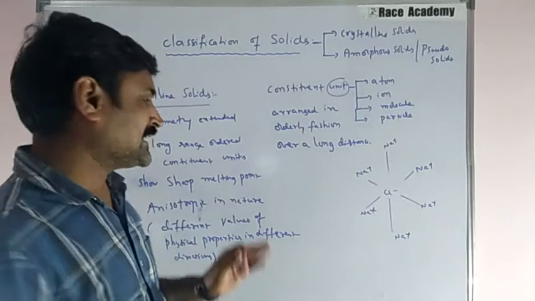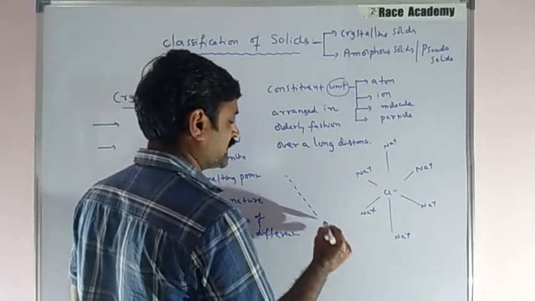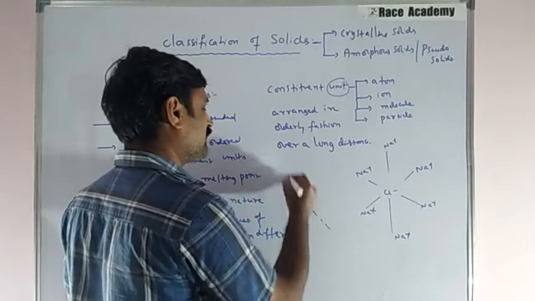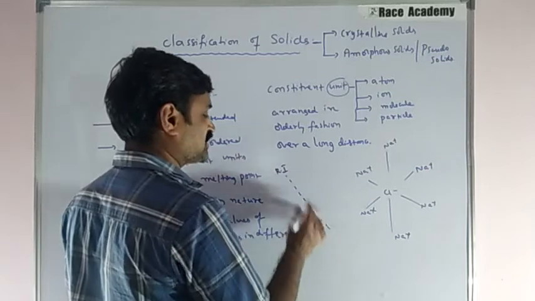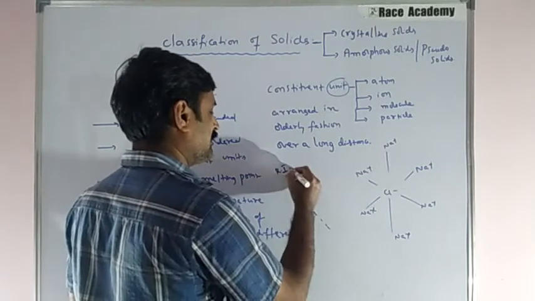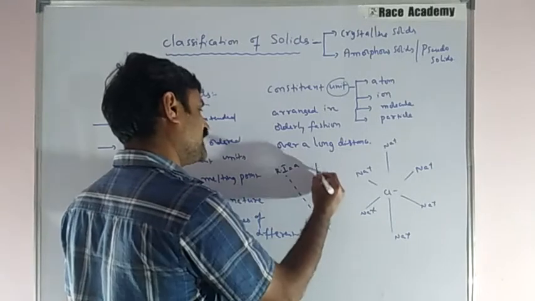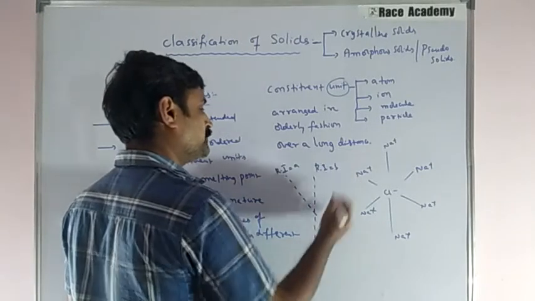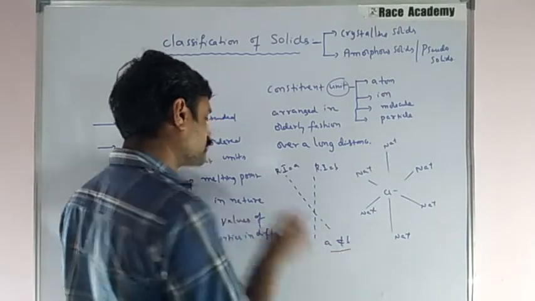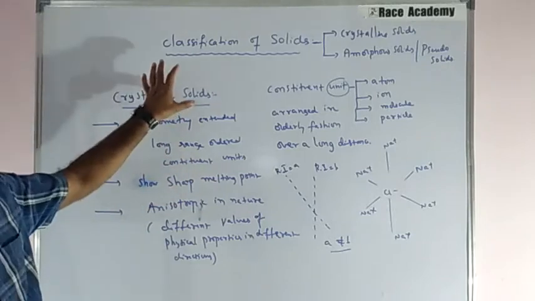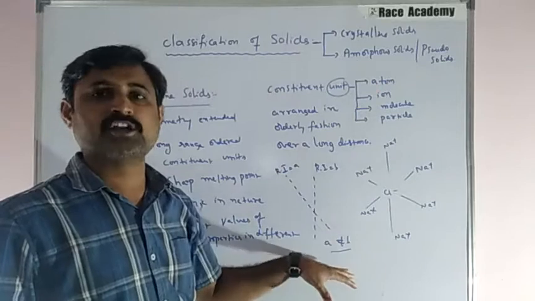Okay. So if you observe a crystalline solid, the refractive index value in one direction we will say is A. In another direction, if the refractive index value is B, those values are not the same in the case of crystalline solids, whereas these values are the same in the case of amorphous solids.